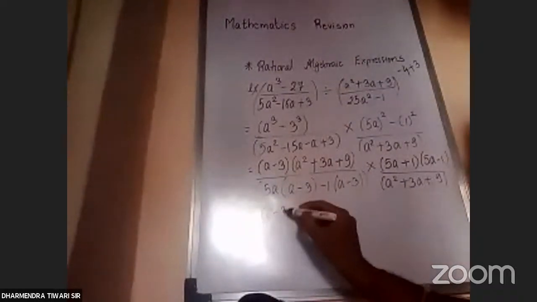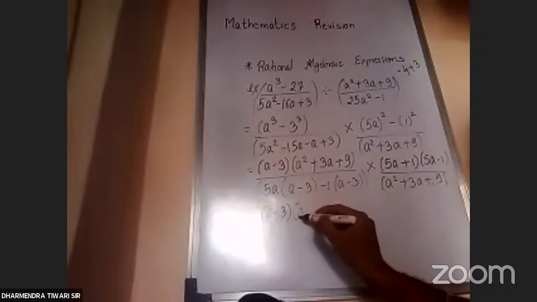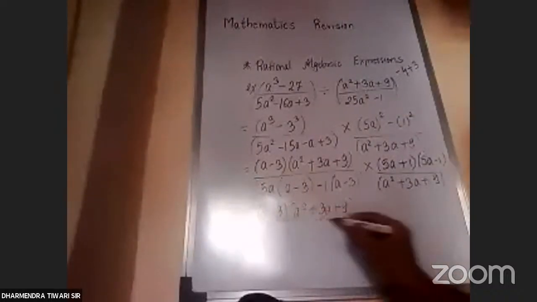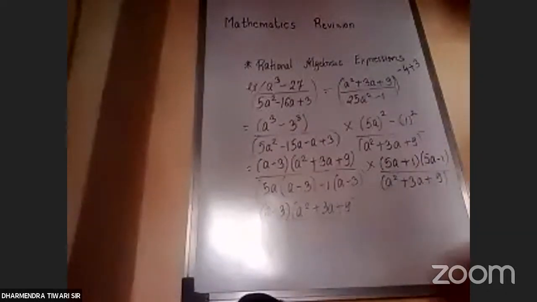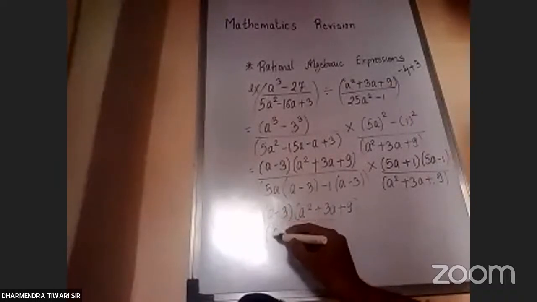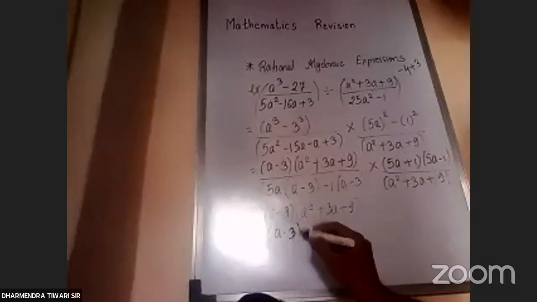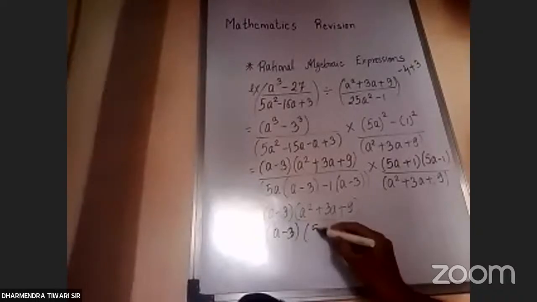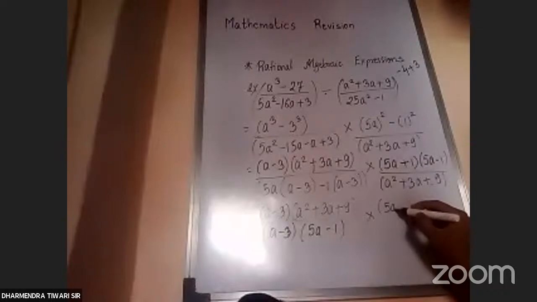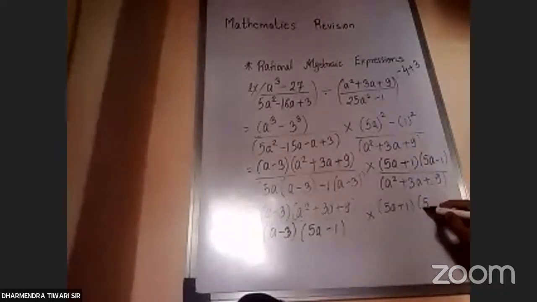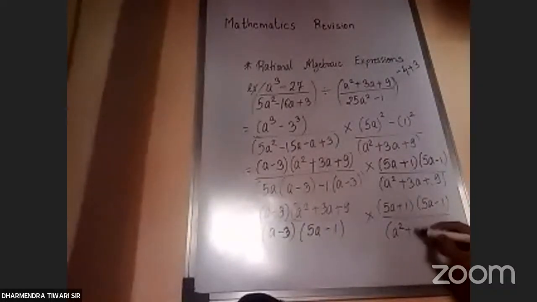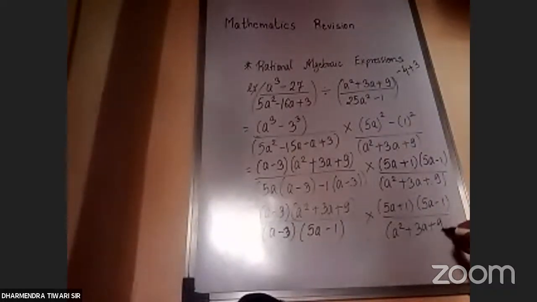A minus 3, a square plus 3a plus 9, divided by, it's common, a minus 3 is common. What do we get? 5a minus 1 into 5a plus 1, 5a minus 1, upon a square plus 3a plus 9.